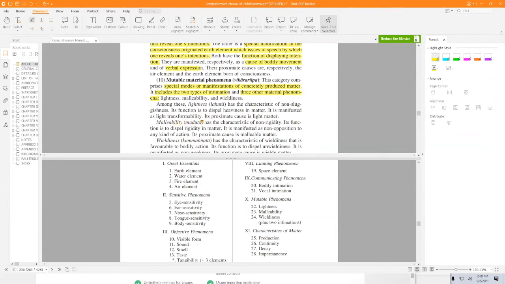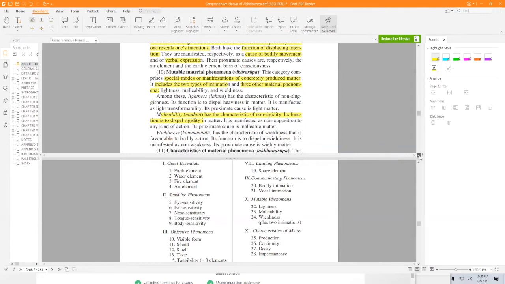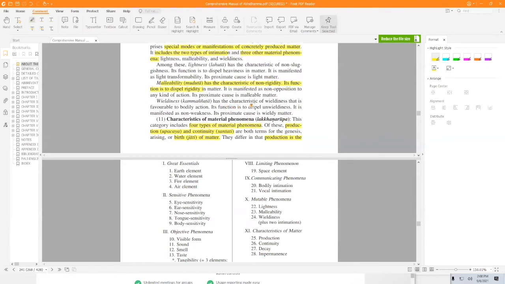Malleability is the absence of rigidity or stiffness or hardness. So maybe there's a range here from malleability to rigidity in matter. And then wieldiness is a characteristic of being favorable to bodily action, and its function is to dispel unwieldiness.